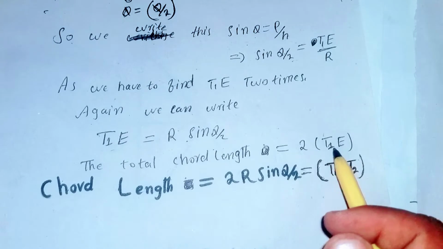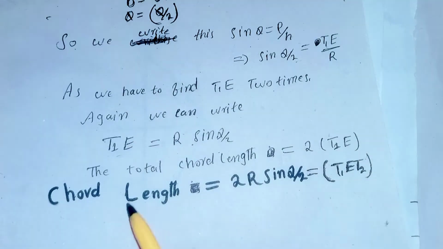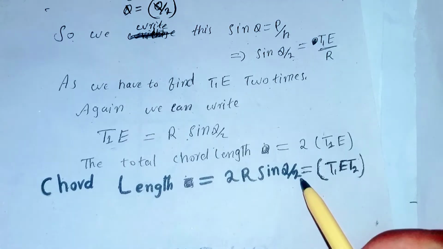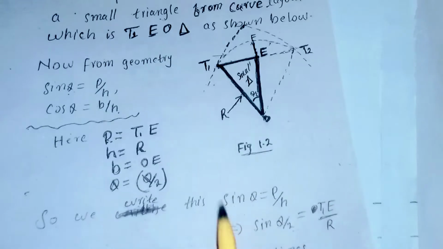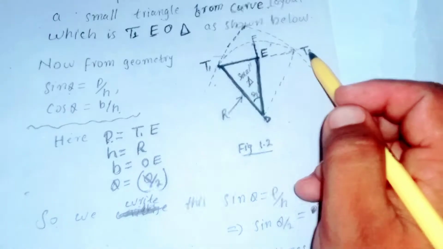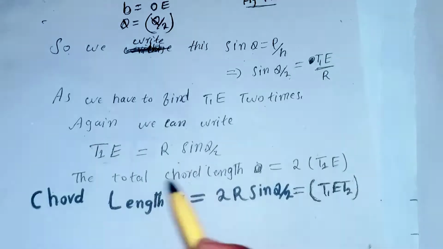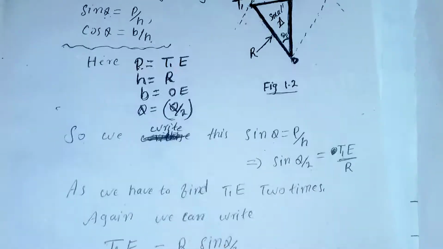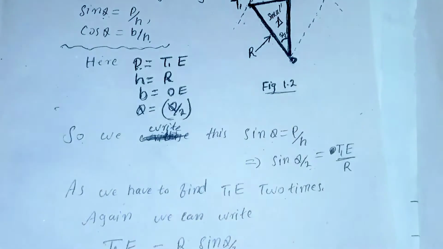Putting the value of T1E, the total chord length is equal to 2r sin theta divided by 2. You can see here T1T2, which is the total chord length. To find the total chord length, we should use this formula, and this was the concept of this formula.